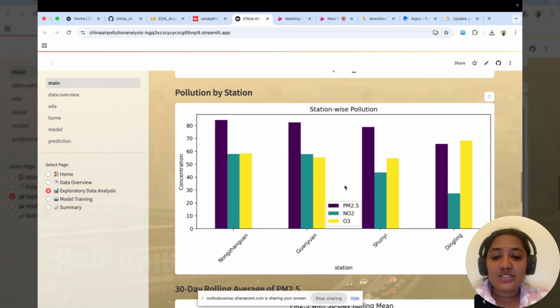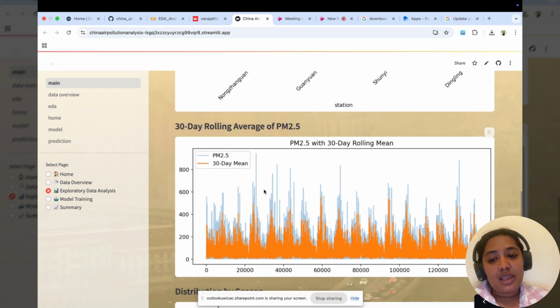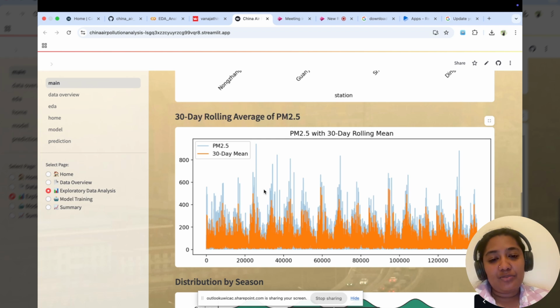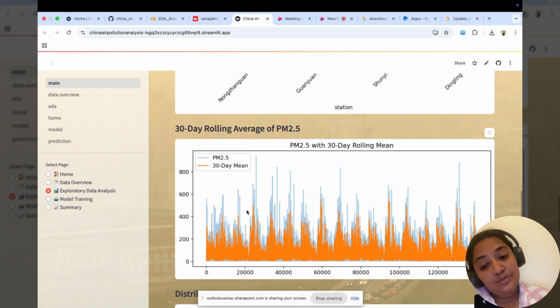And the pollution by station, that is station versus concentration. We have chosen three pollutants, PM 2.5, NO2, and O3. And the 30-day rolling average of PM 2.5. Here we can easily see the 30-day mean of PM 2.5 and how the distribution is going up and down.